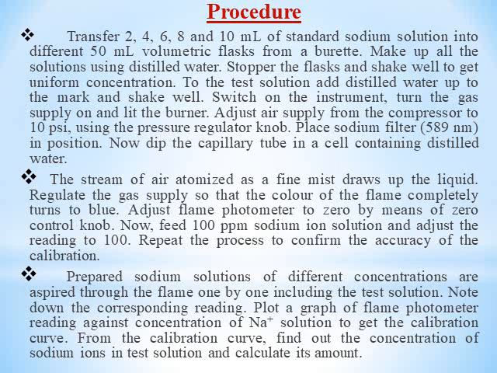The test solution is also aspirated into the flame in a similar procedure, and when the metal ions get excited, the emission intensity is recorded for the test solution also. From the calibration curve, the concentration of sodium ions in the test solution is calculated.